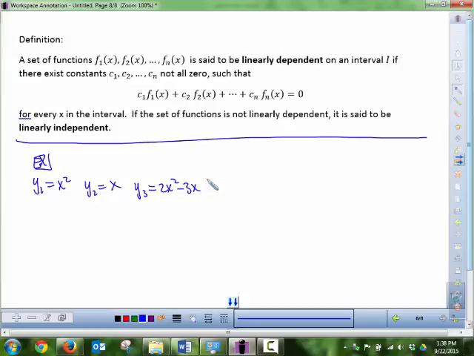Now, these three functions are linearly dependent if I could take those functions and then multiply each of them by something and then add them up and force this to equal 0.